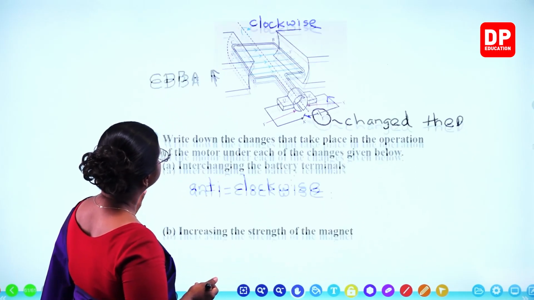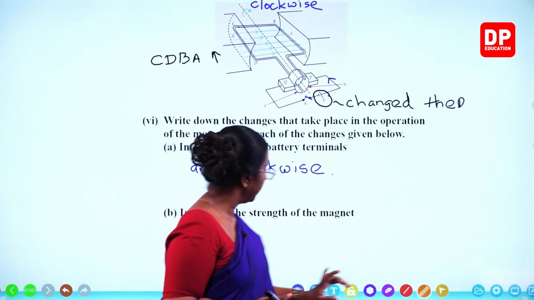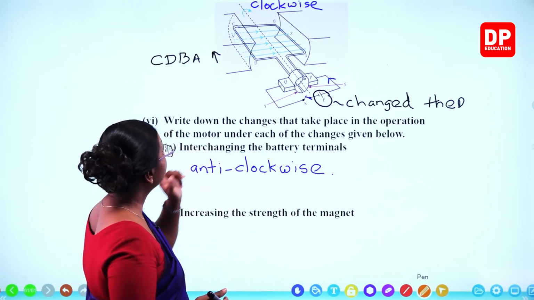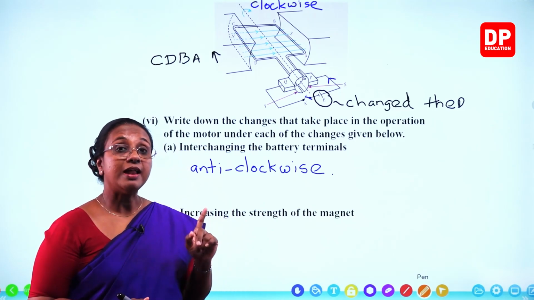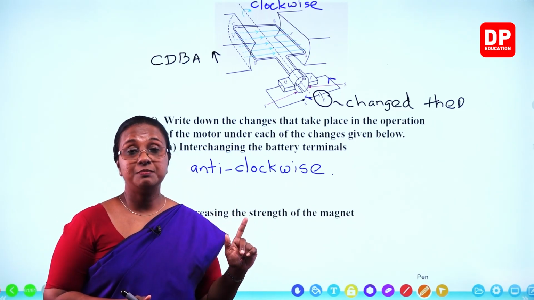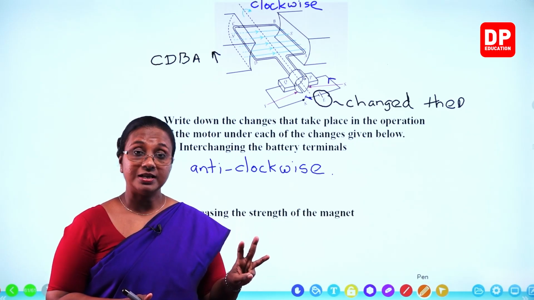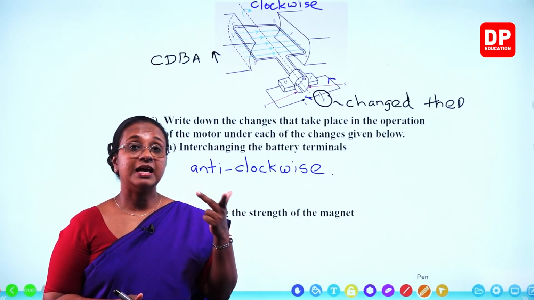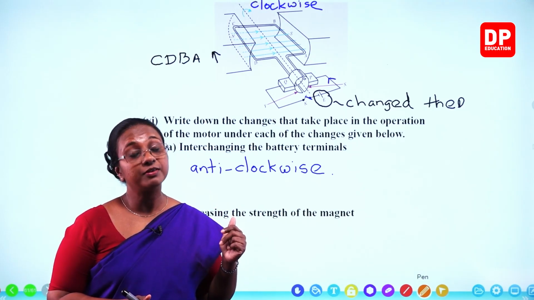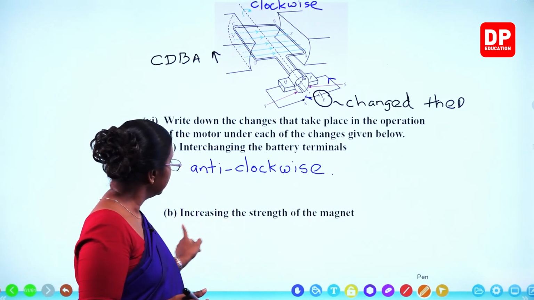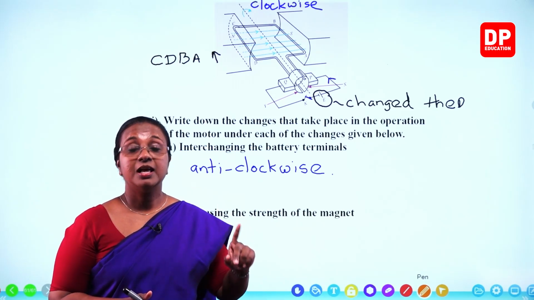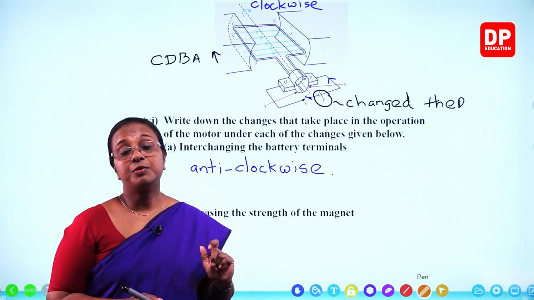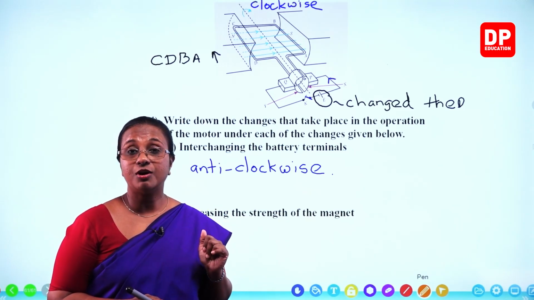Then, the next one, increasing the strength of the magnet. What happens there? You can remember the force depends on 3 factors. What are they? Length of the coil, the strength of the magnet, and the magnitude of current flow. All the factors are directly proportional to the magnitude of force.